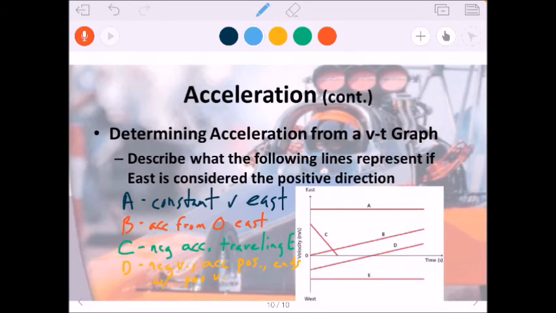And then finally we have E. Like A, it is traveling in a constant velocity, but it is a constant velocity in a westerly direction.